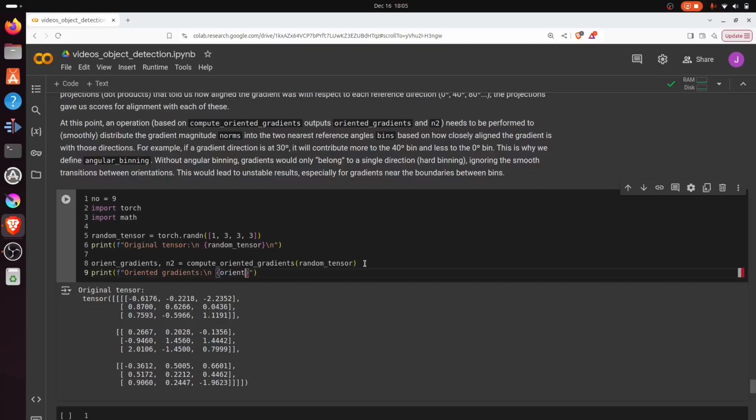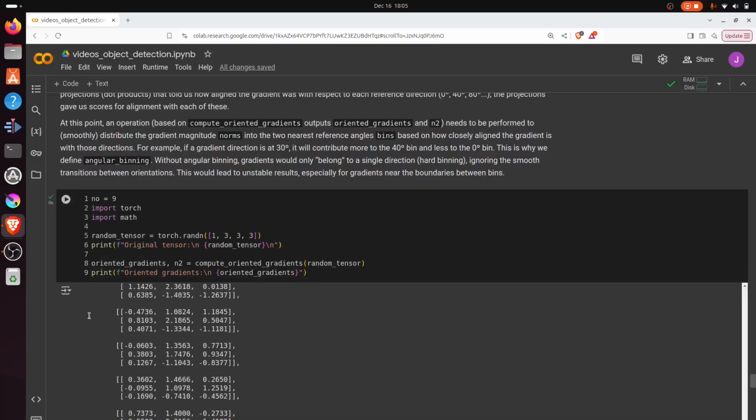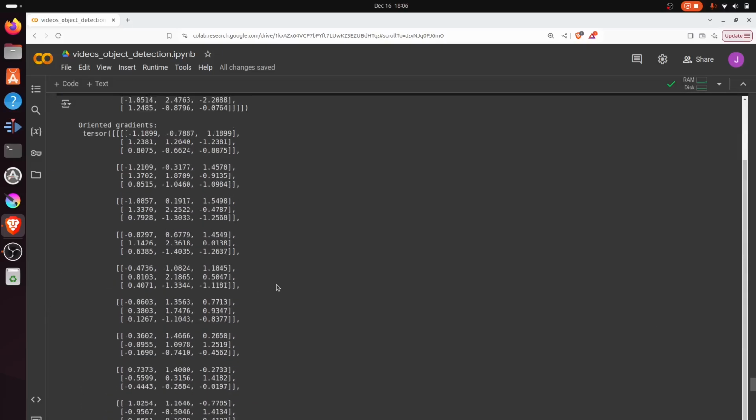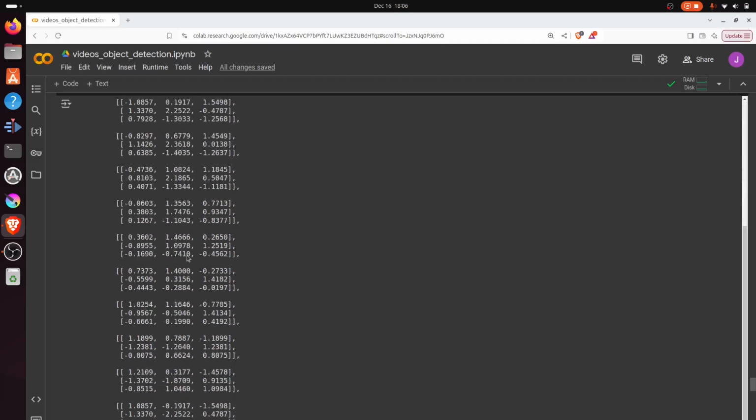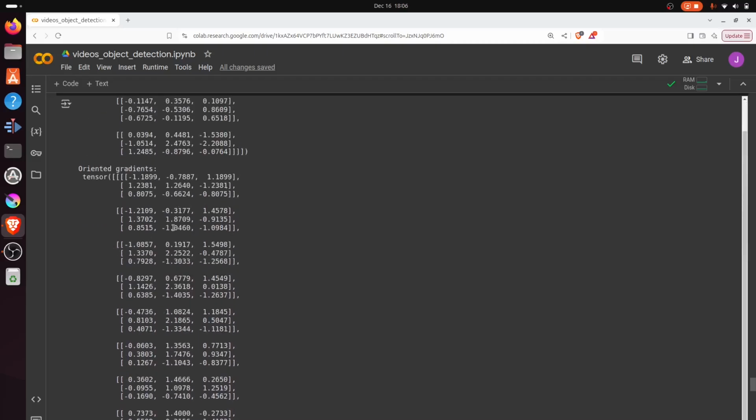Fantastic. So now we see a bunch of 3x3 tensors embedded.